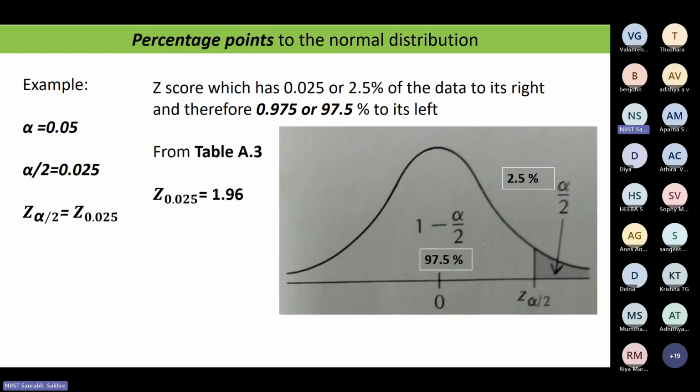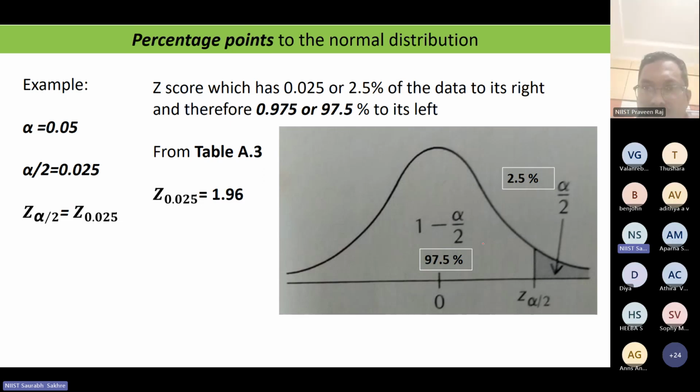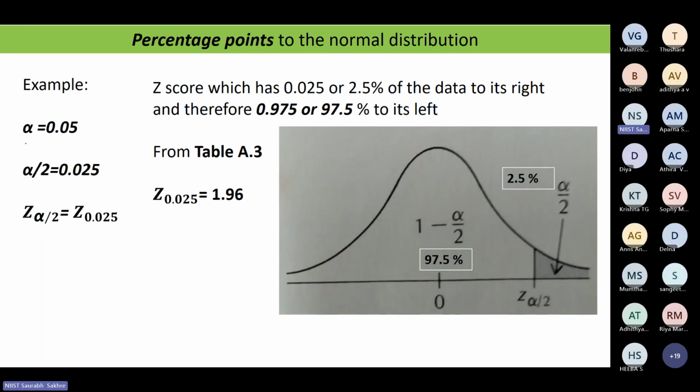Now I'll give you one example. Suppose I want to know, at 5% error with 95% confidence, what will be my z value?